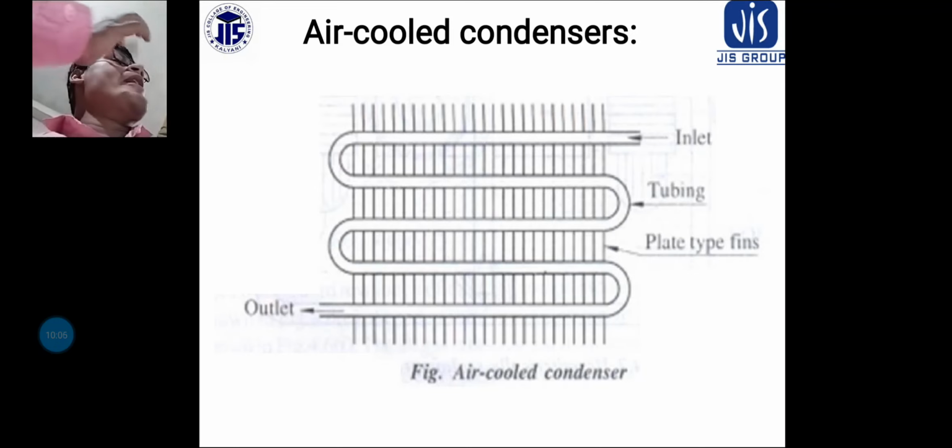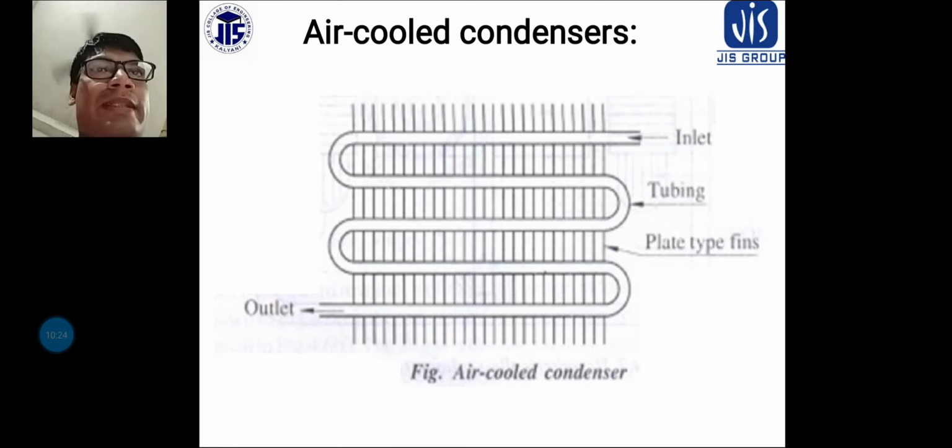Here an extra arrangement is needed, some motor or fan, or air cooler, by the help of which the condensation takes place.